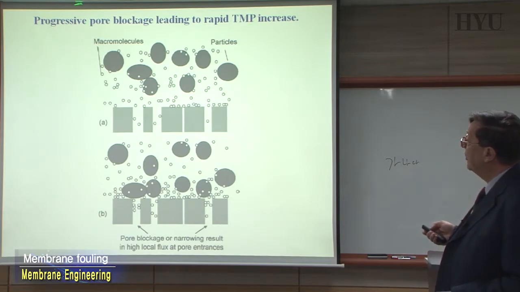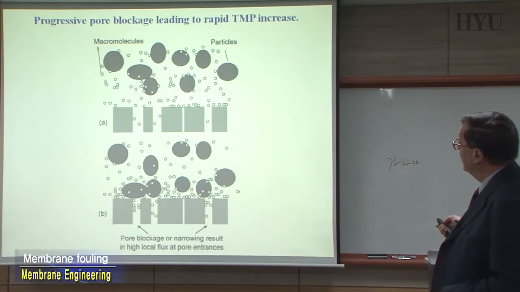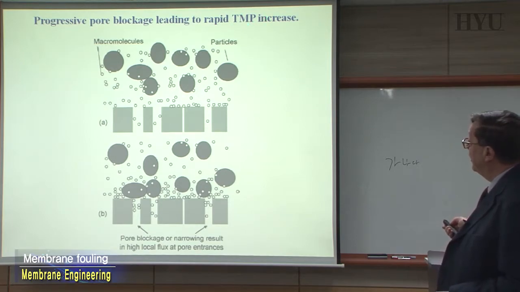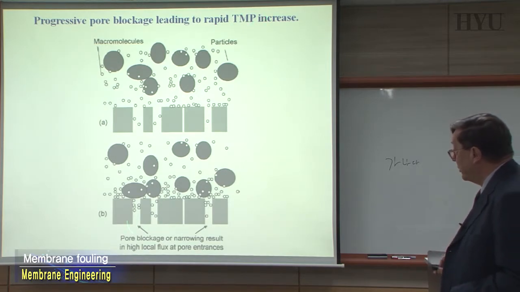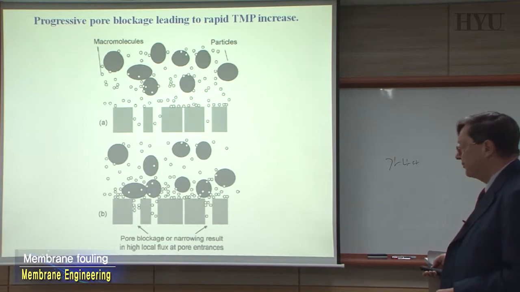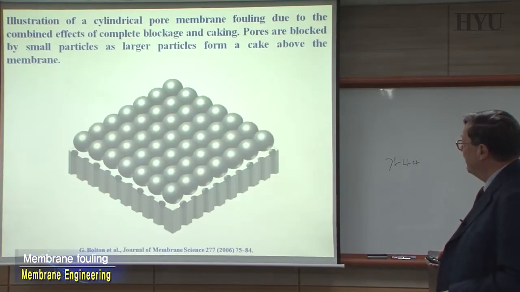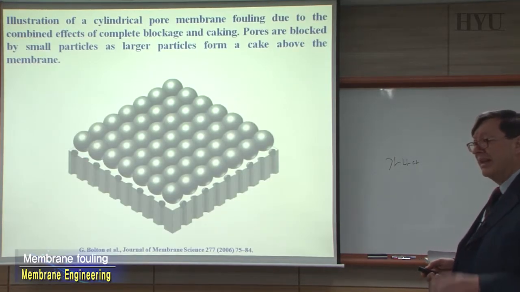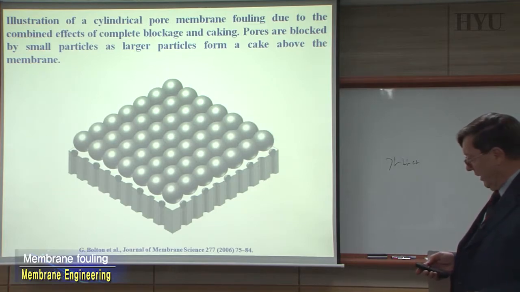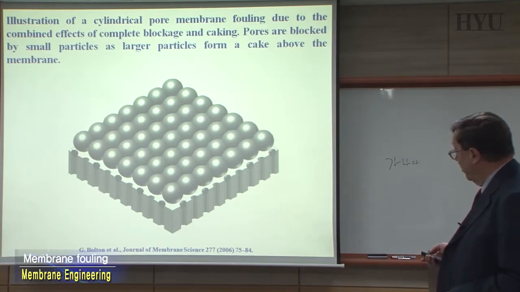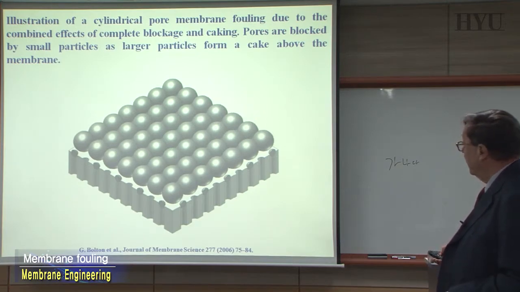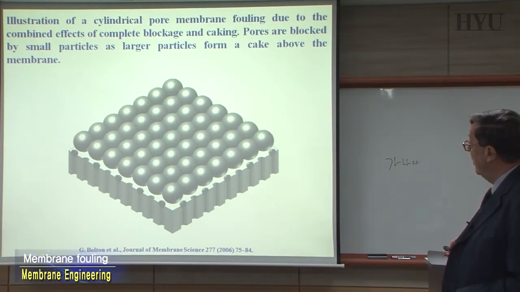Normally we always have this progressive pore blockage, and the transmembrane pressure increase I was mentioning. You can also see similar kinds of phenomena, but in the end they cannot be analyzed in the relatively simple way that is possible for standard filtration. So it's difficult to have this nice situation in which you have just big particles blocking each one of the pores on your membrane surface.